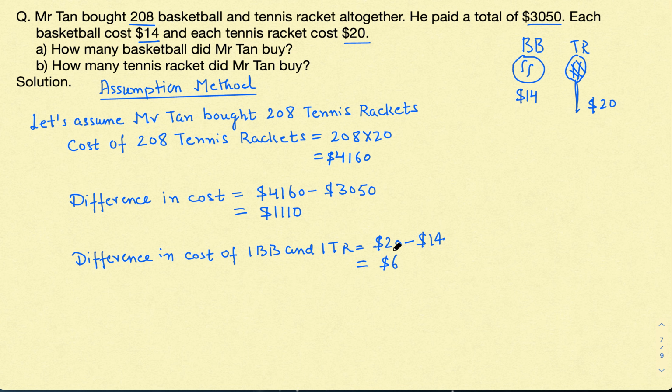That means for every basketball which we have assumed to be a tennis racket, we are paying $6 more.